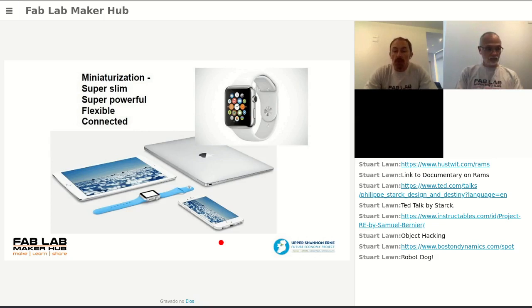Their products are not only beautiful but function very well, as Stuart mentioned there. So we could take a whole course and just look at what kind of strategy the likes of Apple have with their products.